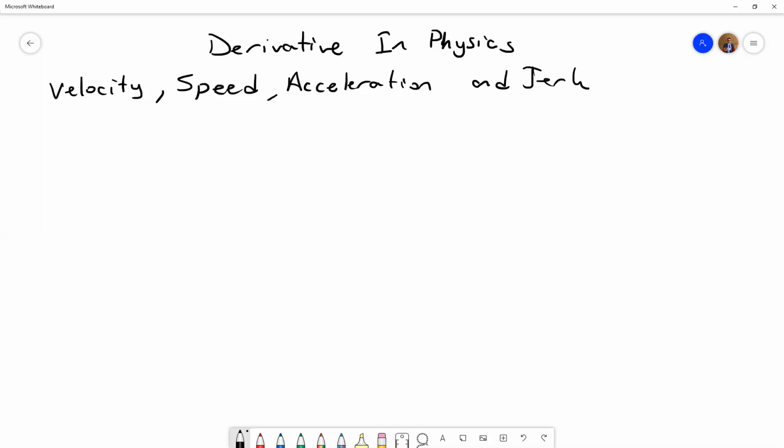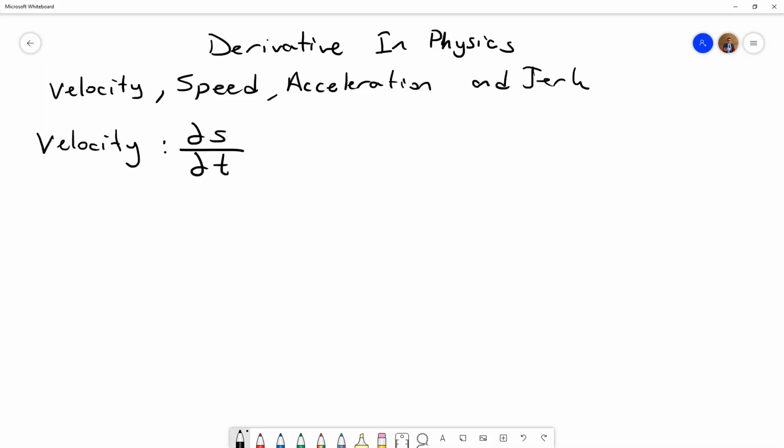Now let's give the definitions for these things. Velocity is the derivative of s with respect to time.